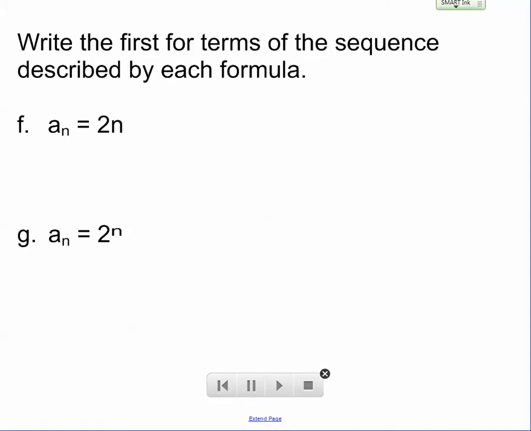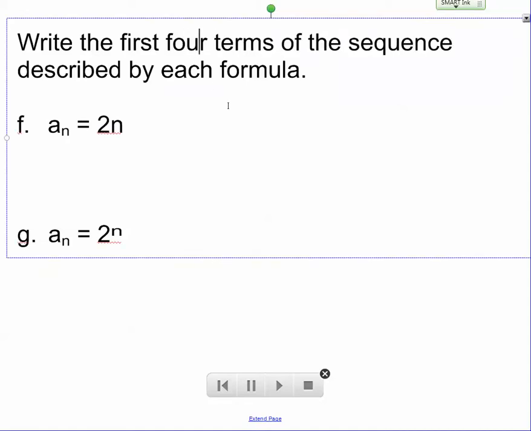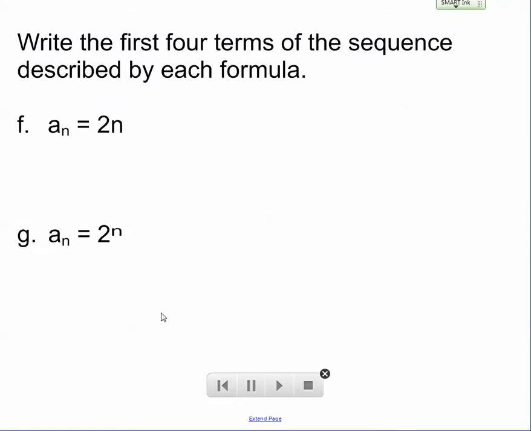Okay, and last thing for today, and I guess what most would assume is the most confusing part of today, we're going to write the first 4 terms of the sequence described by each formula. Now the first thing is, this looks a little bit weird here with this a subscript n right there.